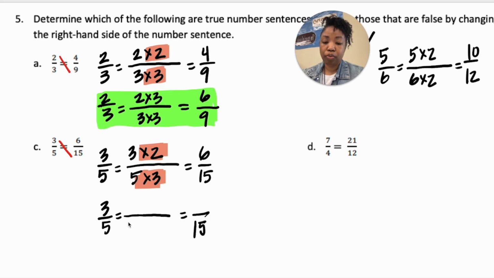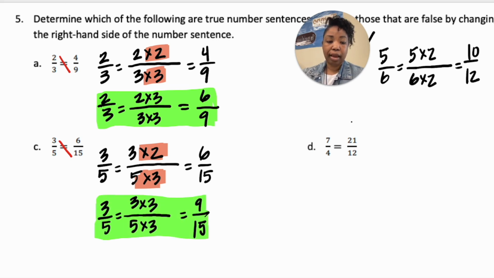I do 5 times 3 to get 15. So let's do 3 times 3 to see that it is 9/15. That equals 3/5, not 6.